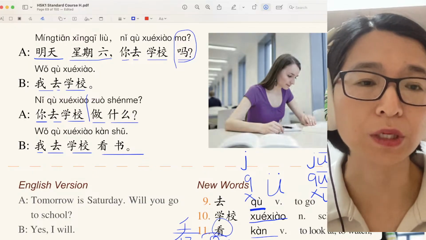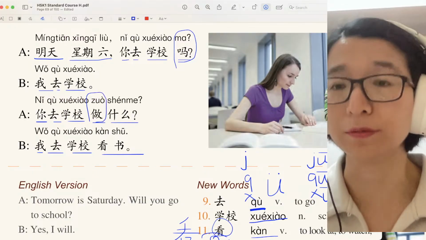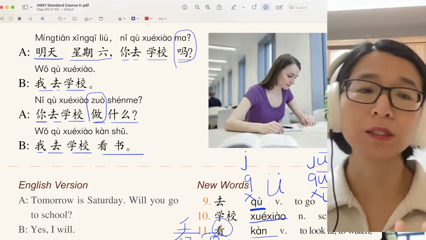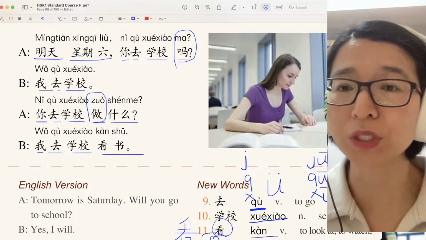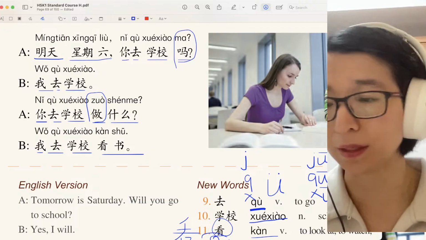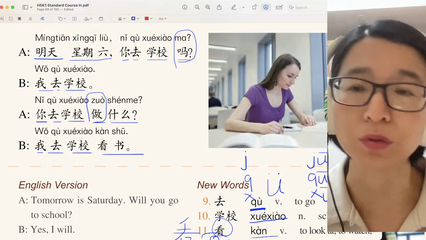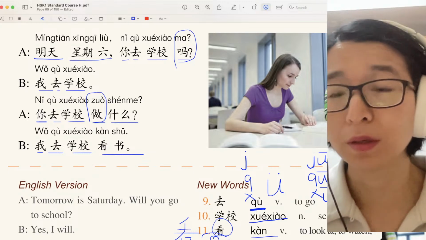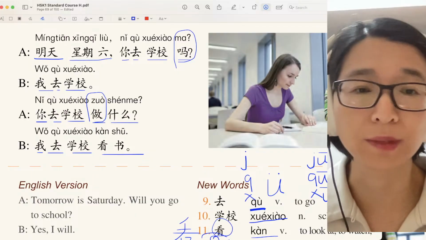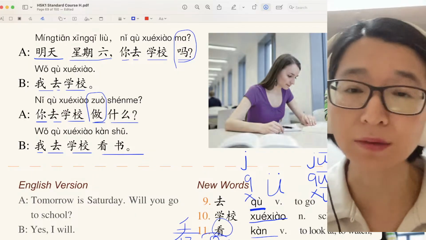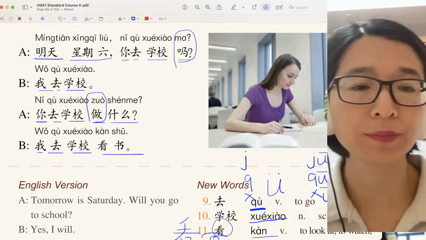So here, 做 is also a verb, right? Here we know they're talking about tomorrow, but we don't have to change the verb like in English to say will do, is going to do. We just use the same form of the verb 做. That is the simplicity of learning Chinese.